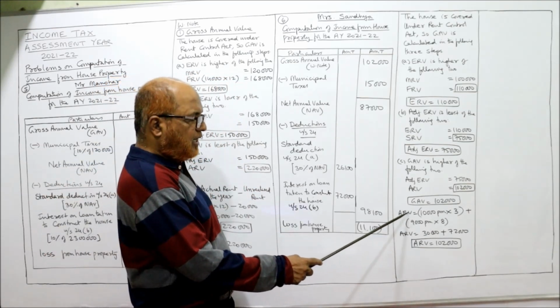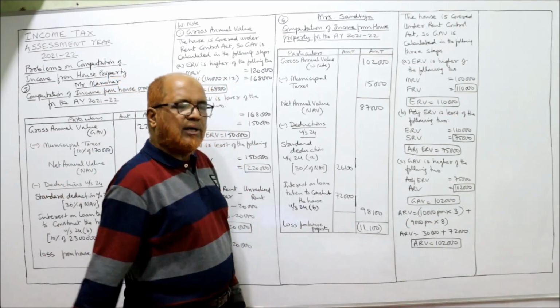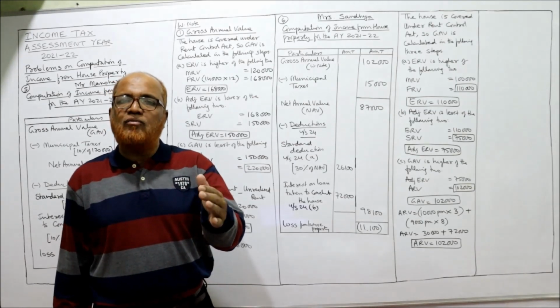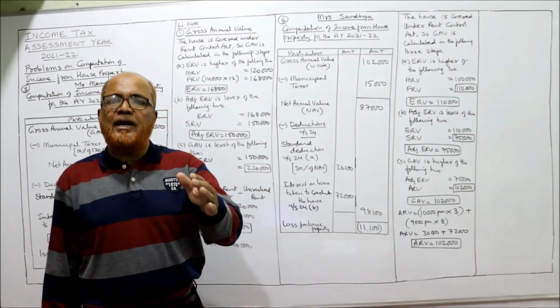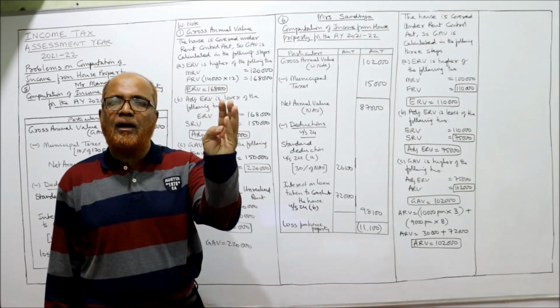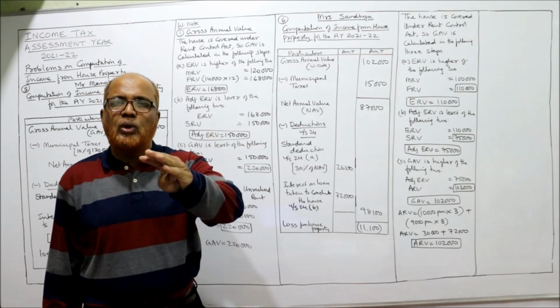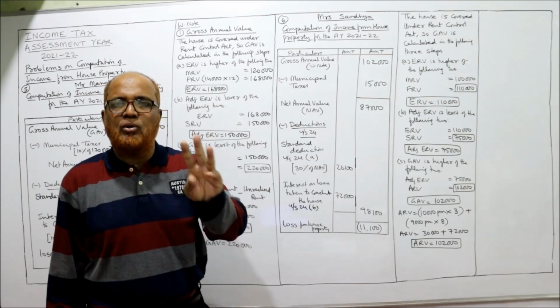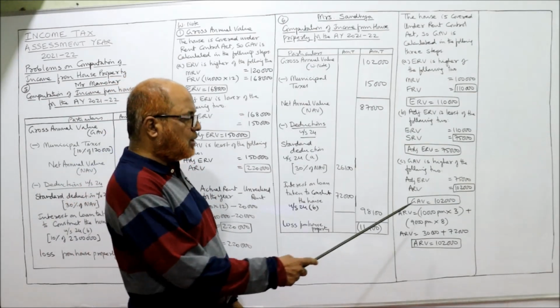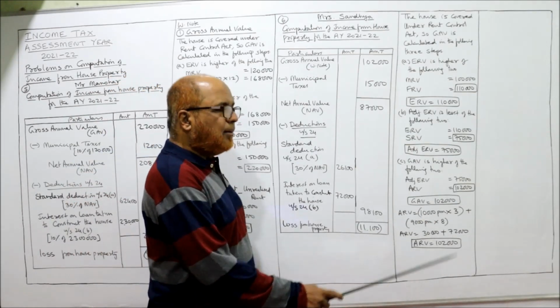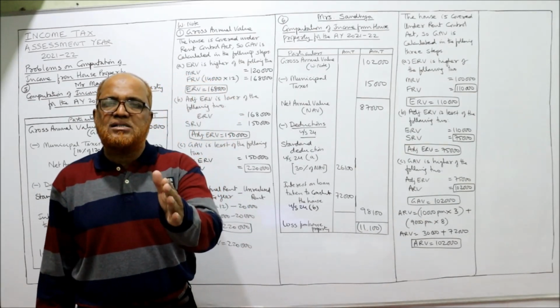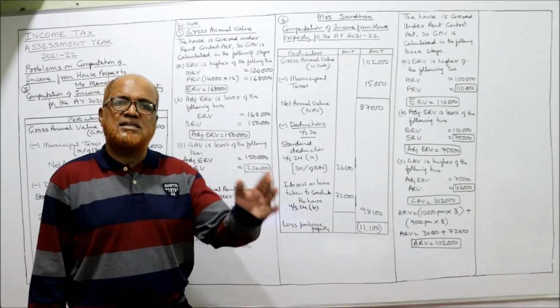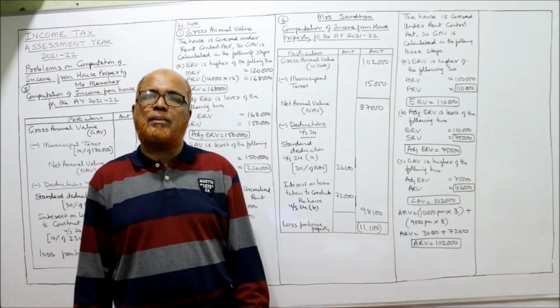Here I have written. ARV, 10,000 into 3. The first tenant was Mrs. Devi. She paid the rent for April, May and June. July she has not paid. So only 3 months rent she paid, 10,000 into 3, 30,000. But from 1st August, Mrs. Shanti has taken the property for 9,000 per month.